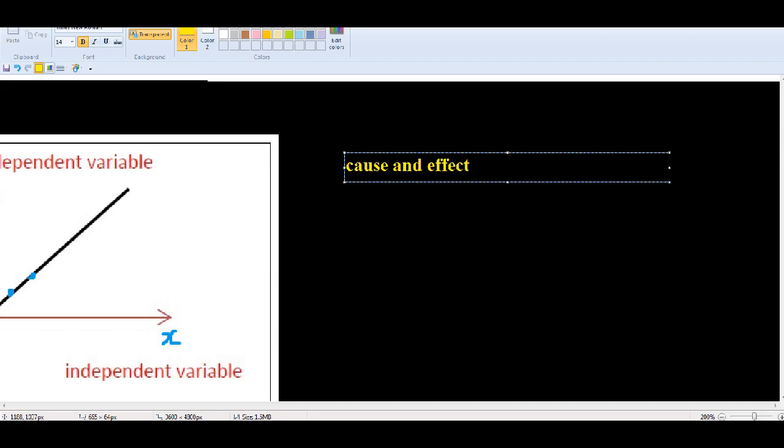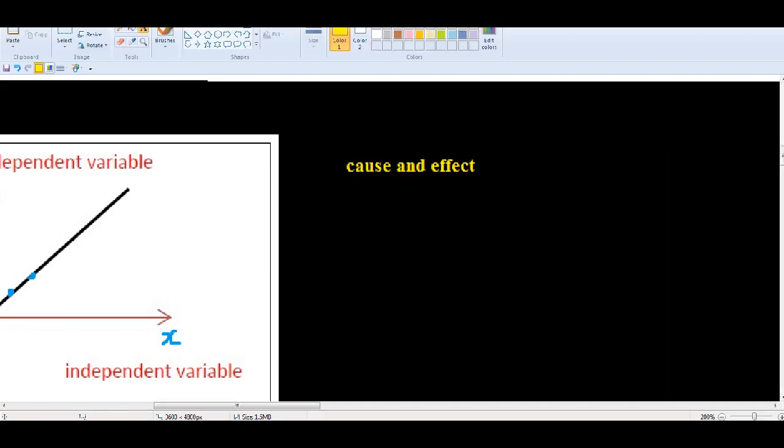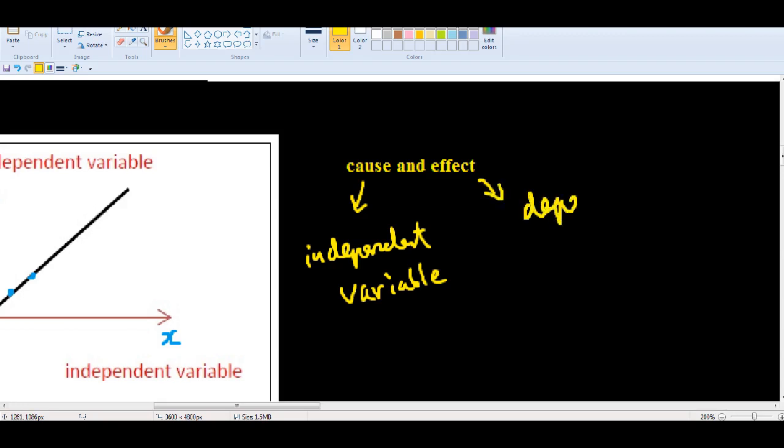So that's the simple cause and effect. What relates to independent variable and dependent variable is that for cause we refer to the independent variable, for effects we refer to the dependent variable. That's the other way to see it.